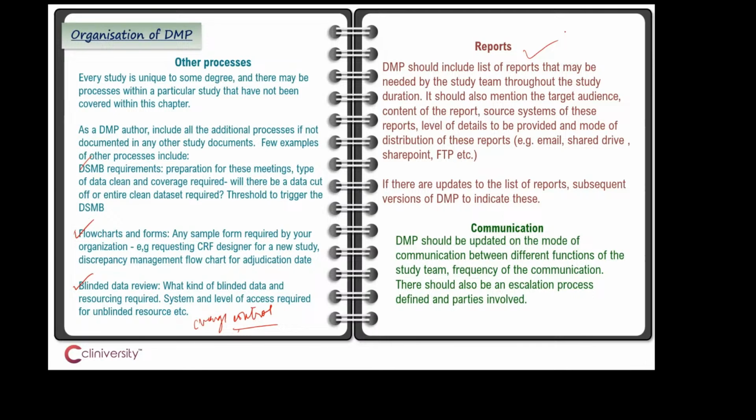The DMP should include information on frequency of communication. That is, how frequently the communication is going to be for a specific study, because it usually varies. The communication may be more frequent at the setup stages, very early stages, or towards certain timelines, and it would be relatively less during the regular maintenance phase of the study.